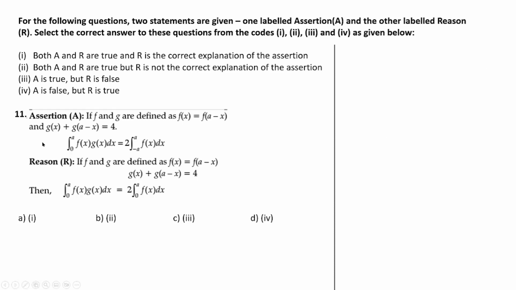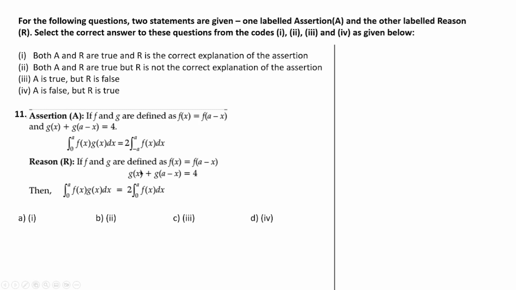The next question, assertion is if f and g are defined as f of x is equal to f of a minus x and g of x plus g of a minus x equal to 4, integral 0 to a f of x g of x dx is 2 times integral minus a to a f of x dx.